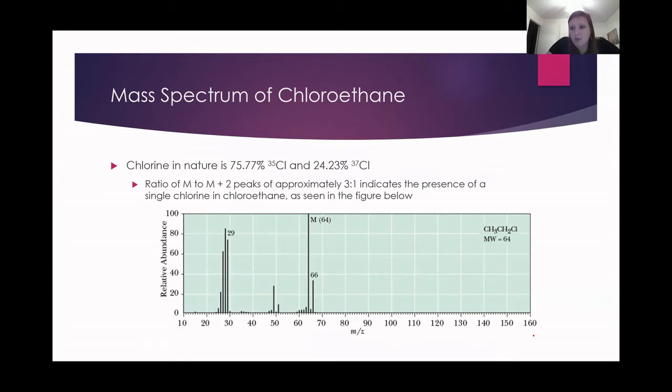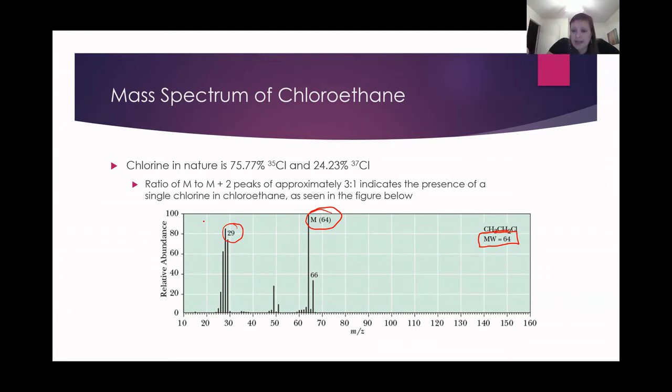That's beyond the scope of what we're going to do in this class. Your M+ peak is 64 here, and in the case of chloroethane, that gives you your molecular weight. Now you can see that there is also a 29 peak here that's pretty high.